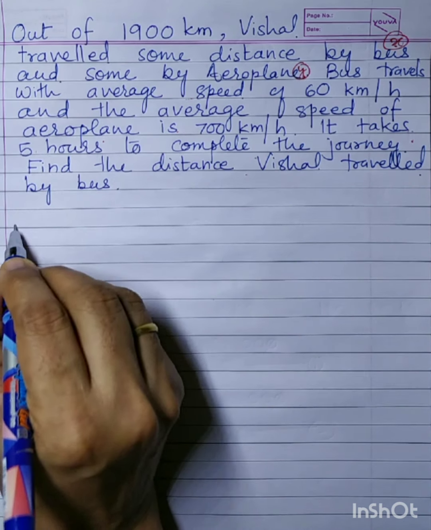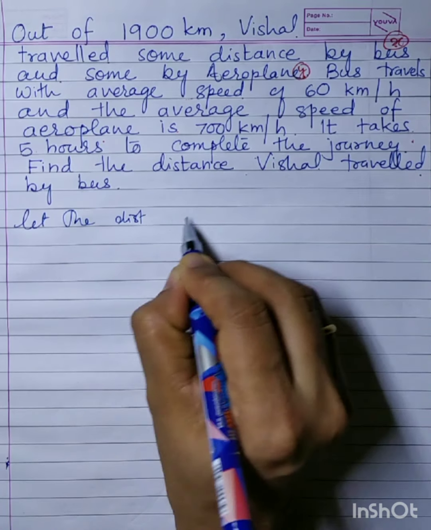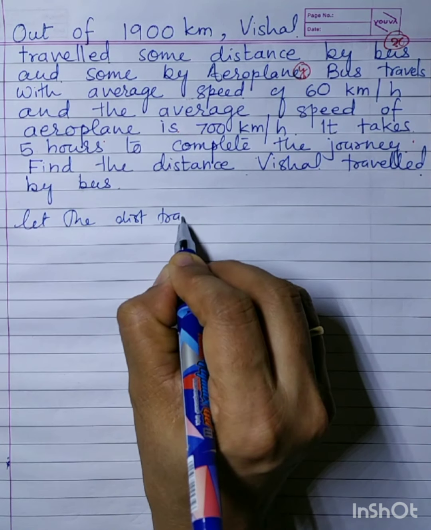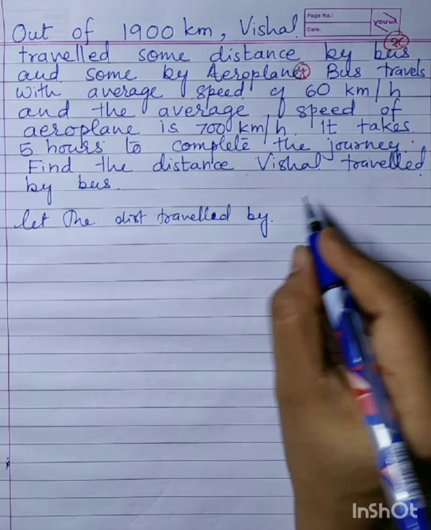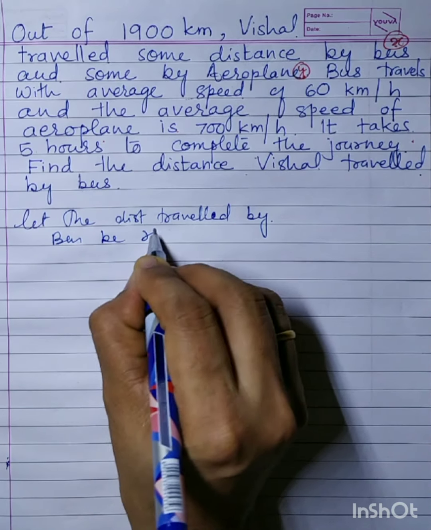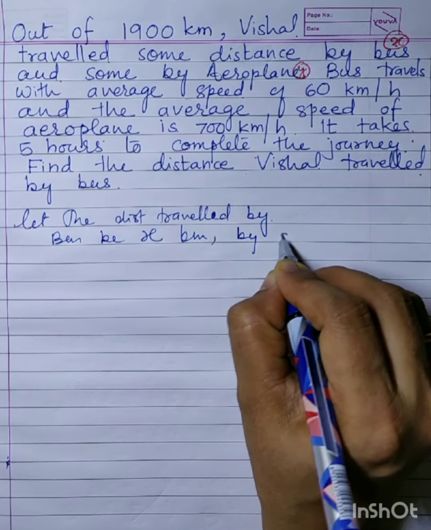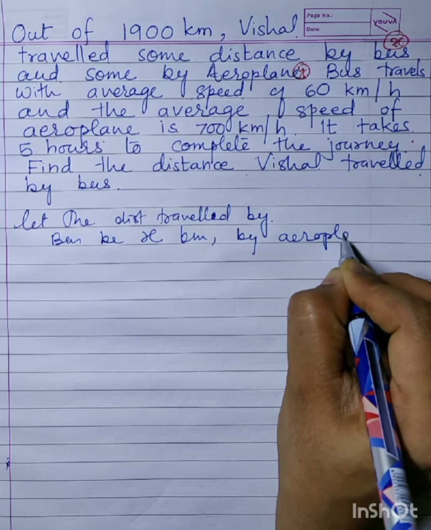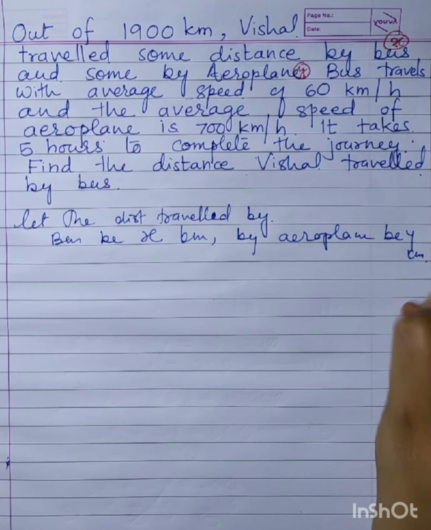I'll just write it down. Let the distance traveled by bus be x kilometer and by aeroplane be y kilometer.